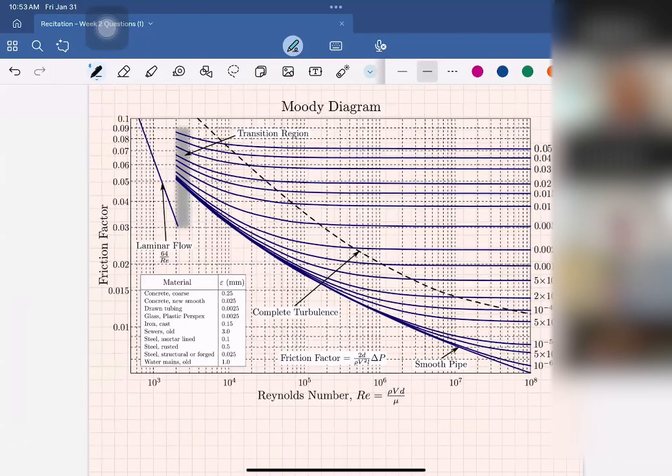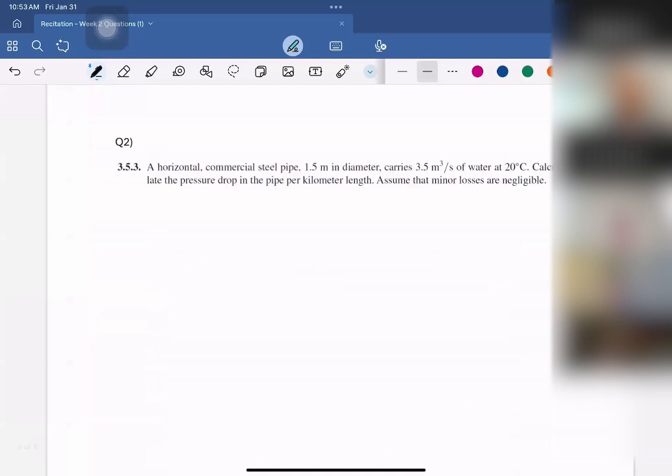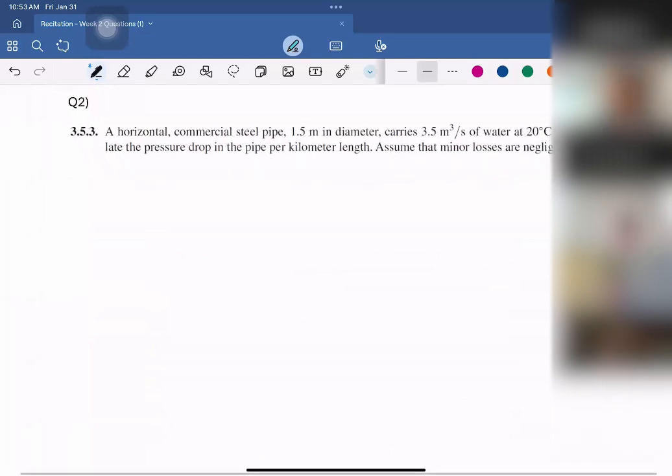And first, I want to ask if everyone is familiar with Moody diagram. Great. Okay, now in this question, we have a commercial steel pipe, which is horizontal, which is important for the question.